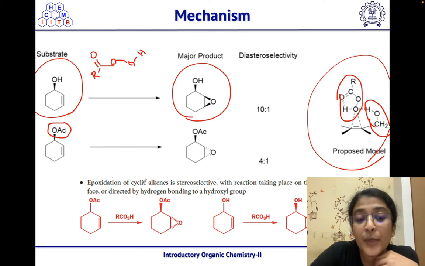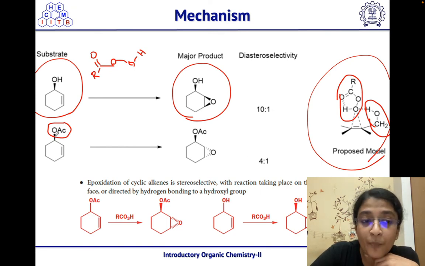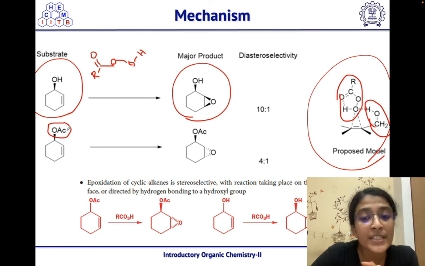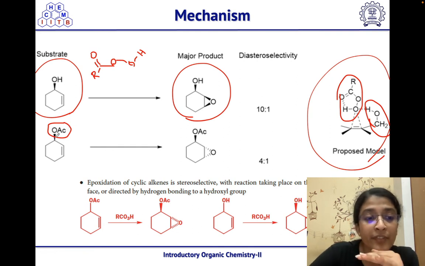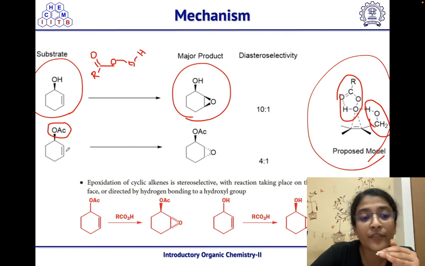Here we can see epoxidation of cyclic alkenes is stereoselective, with reaction taking place on the less hindered phase. So when we are considering this case, if OAc is present above or some group is present already in one phase, the peracid will be coming from the opposite phase. It will come from the less hindered phase. This phase will be hindered by this group, so the peracid will come and attack from the less hindered phase, and that will be the major product.